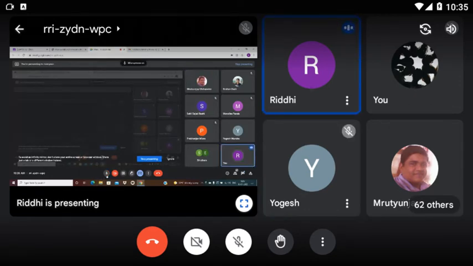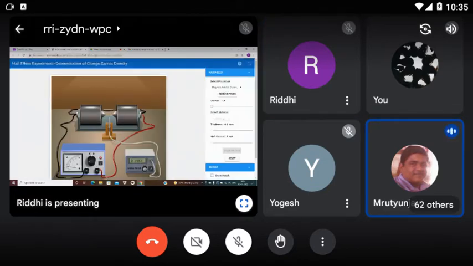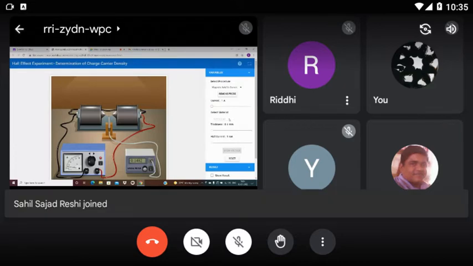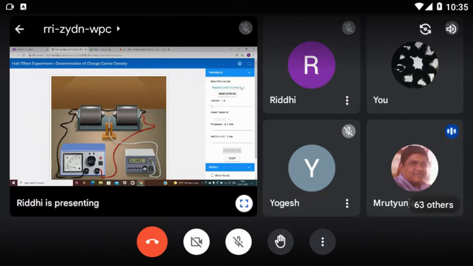Sir, I am sharing the screen, but not able to select material. You just share what? That is your experiment lab. Not able to select material. So first change the procedure to Hall effect setup. Hall effect.